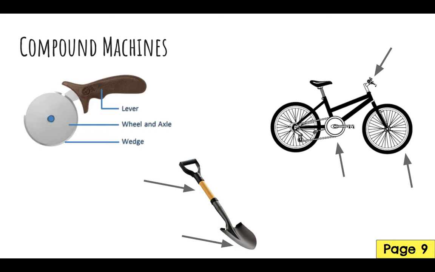What do we call that? A wheel and axle. But that's not all, because on the very edge of that wheel is a very sharp point. And whenever something is made into a sharp point, usually it's used to split something or cut something or divide something into pieces. And that is a wedge.